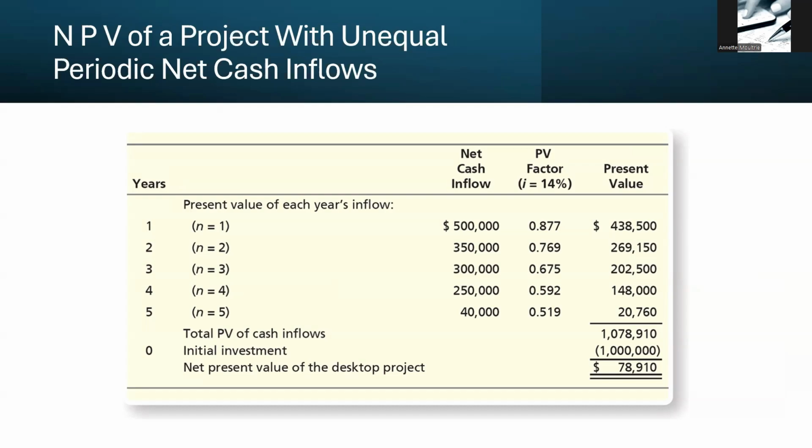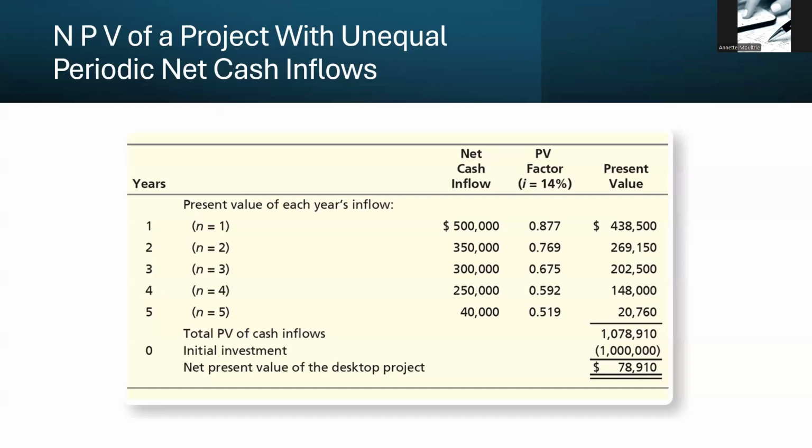Okay? Because these amounts vary year by year, Smart Touch Learning managers cannot use the annuity table to compute the present value of the desktop project. So what do they have to do? They have to compute the present value of each individual year's net cash inflows separately as separate lump sums received in different years.